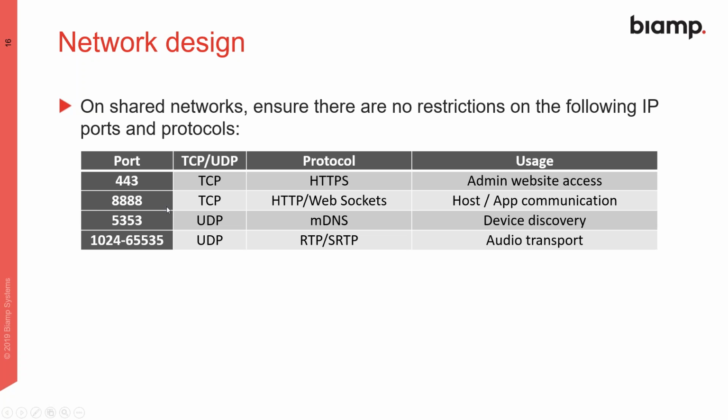Also on port 8888, there are WebSockets that are used for the host and app communication. So this is really critical for the communication between the smartphones and the Atom device. Then very important as well is MDNS. 5353 is used for device discovery.